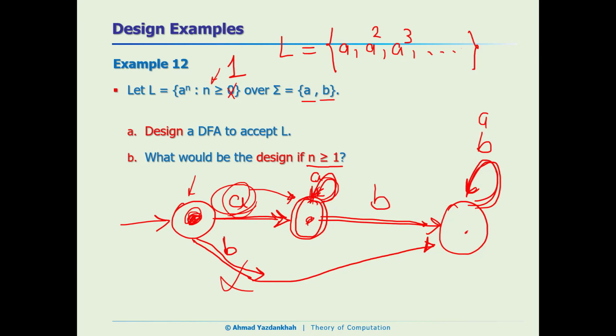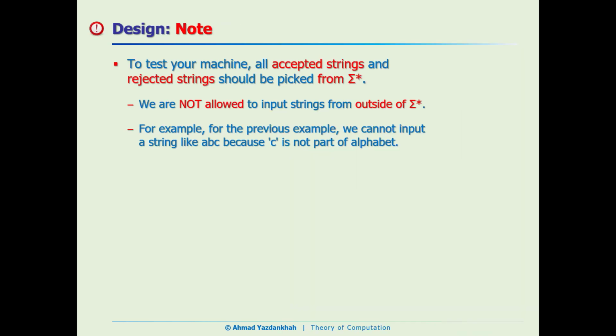Okay, so now let me give you some notes about this. So this is a very important point. To test your machine, you need to bring all of the strings from sigma star. What does it mean? You are not allowed to use any string outside the sigma star. So if the sigma, for example, is A and B, then what would be the sigma star? We already know that.